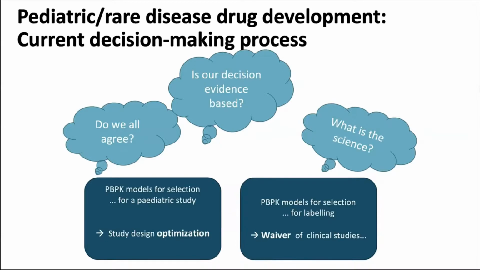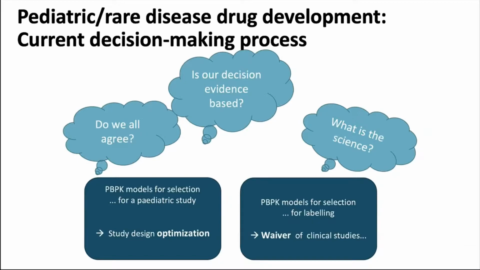However, if the PBPK is to be used without any plan for data collection in the target population and as the sole basis for the dose to be used and communicated in the label of the drug in this target population, then we are in another scenario that we would consider high regulatory impact.